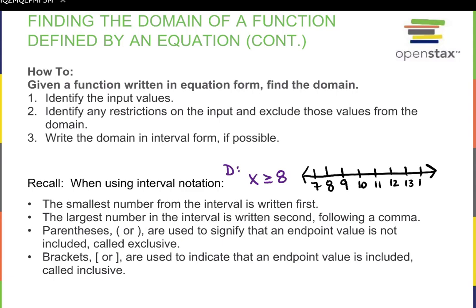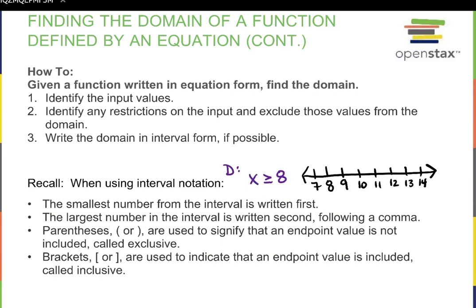Now, I just started my number line close to 8, and I know that I want to graph all the numbers that are greater than 8, because if I'm graphing this inequality on the number line, what I'm trying to do is graph all x's that make this statement true. What are all the x's that are greater than or equal to 8?